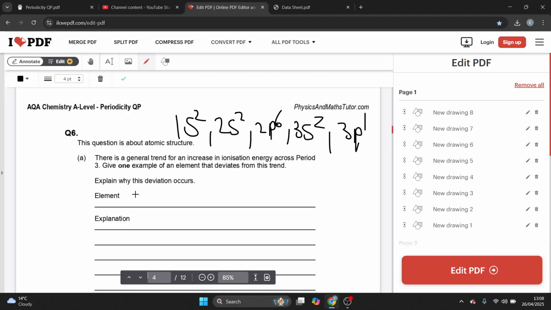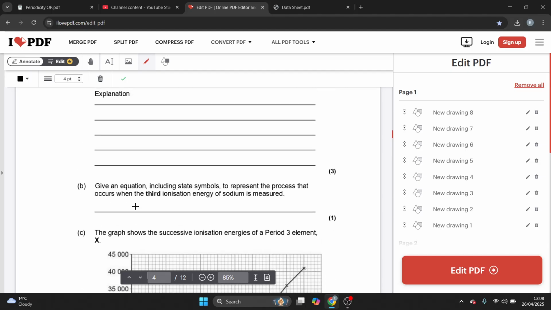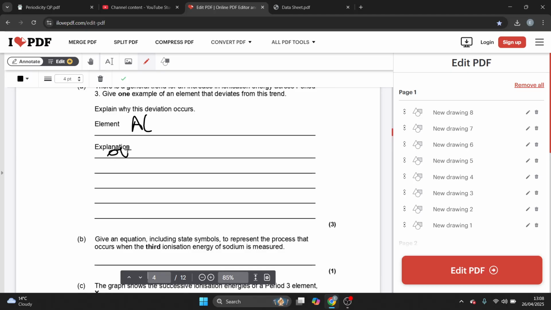So aluminium is an example of an element that deviates from this trend because its outer electron is in a 3p orbital. You have to state which kind of orbital it is. Don't just say in an orbital, or even in a p orbital.